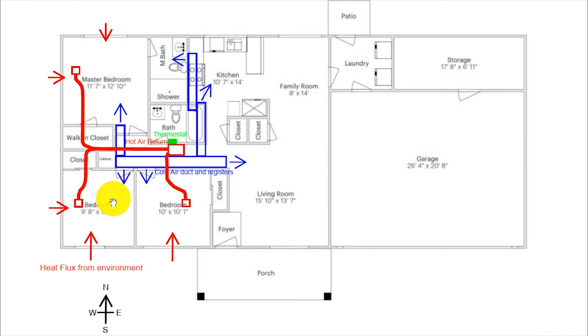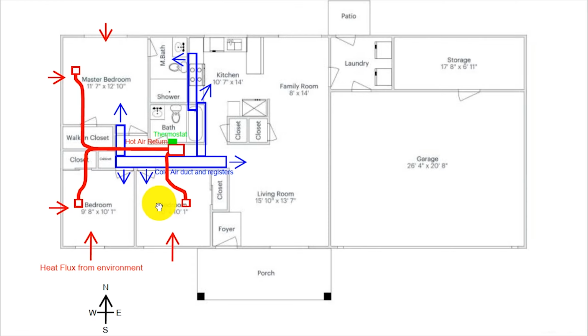So putting the returns in the ceiling helped in this regard because hot air rises and cold air falls, so it'll reduce the possibility of short circuiting. I checked and adjusted the fin direction of the cold air registers in each bedroom and made sure they were directed somewhat downwards to also mitigate that possibility of short circuiting.